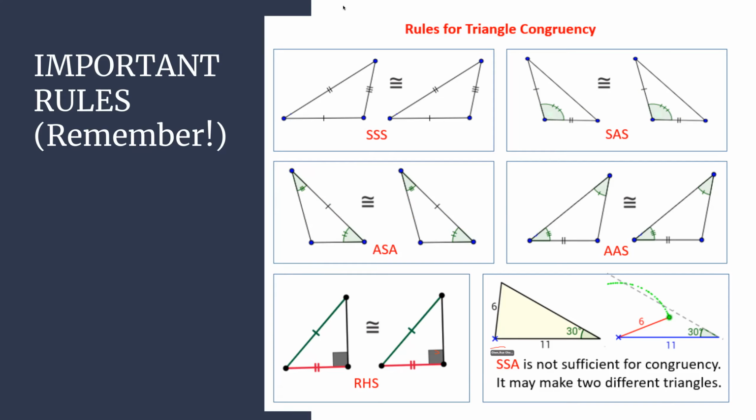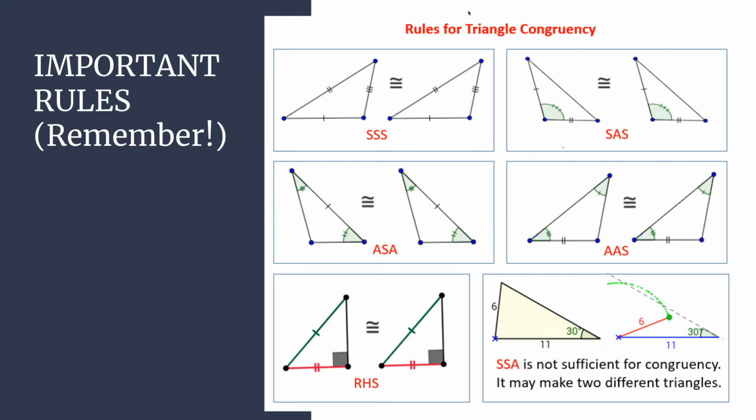So here is how SSA is not sufficient for congruency, because we usually use congruency to draw a triangle using a compass and a ruler. A compass is something you use to draw a circle.